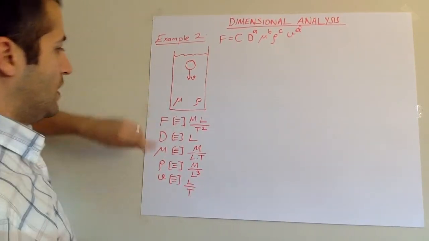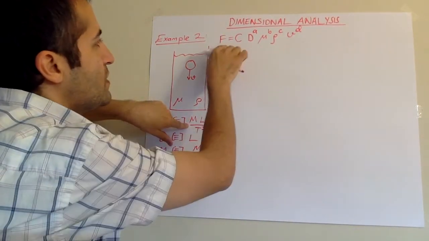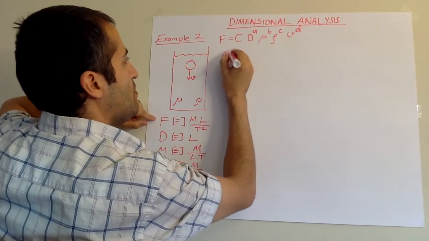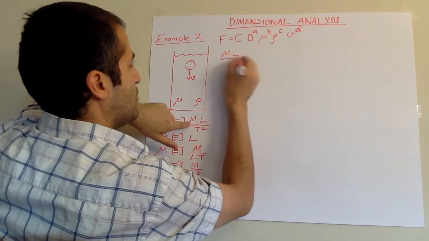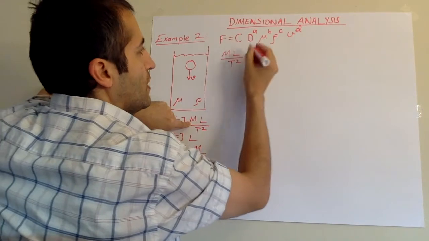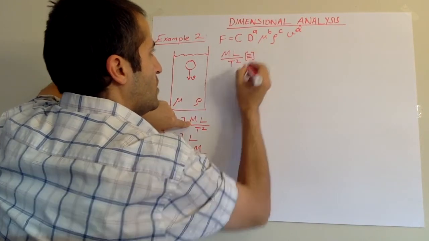Now, I insert the units instead of the variables. Instead of F, I write down mass length divided by time square is equal to, I don't write the constant because it's unitless, it has no units.